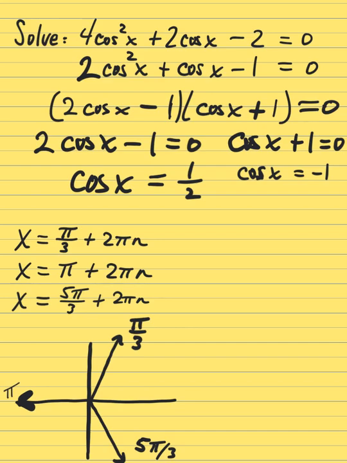Now, if you happen to look at these 3 angles and you notice that they are separated by 120 degrees, technically, you could catch them all by starting with your first angle and then generating a 120 degree or 2π/3 rotation.